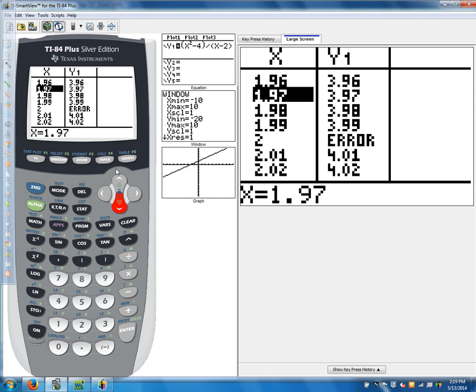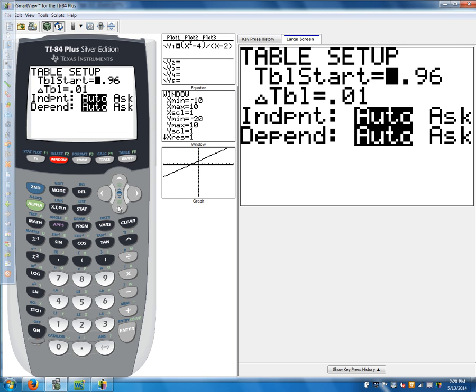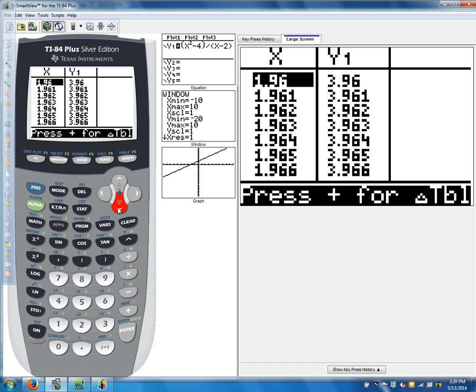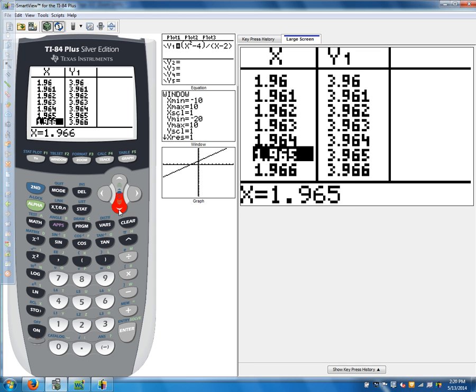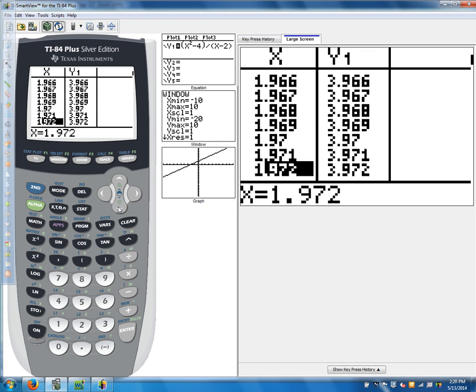And if I wanted to zoom in a little more, I could do my table set and change this to 0.001. Whoops, not 4 zeros. Let me clear that. 0.001. There we go. And then if I go to my table now, I have even more.